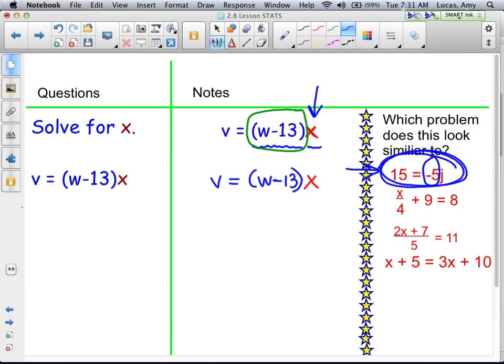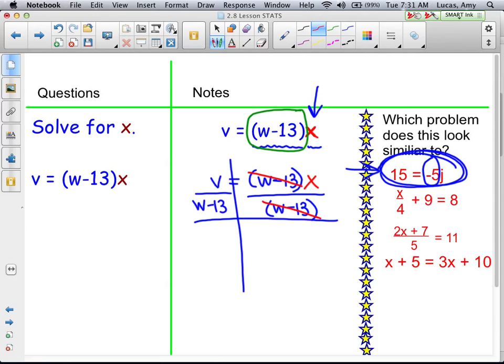So if I divide on both sides by w minus 13, I don't even have to have the parentheses there, but I divide by it because they were being multiplied, and the inverse of multiplying is dividing. I will have isolated my x, and it is equal to v divided by w minus 13.